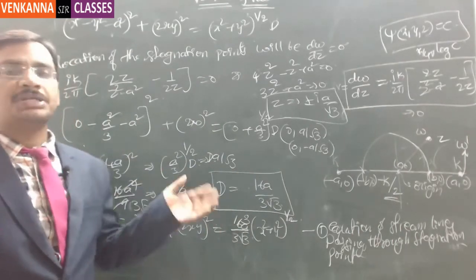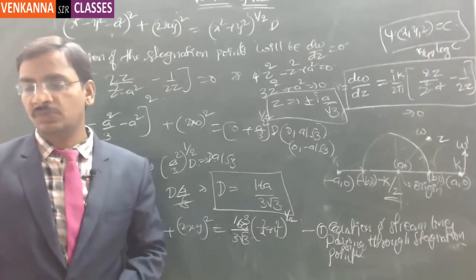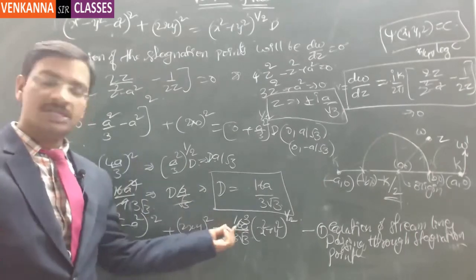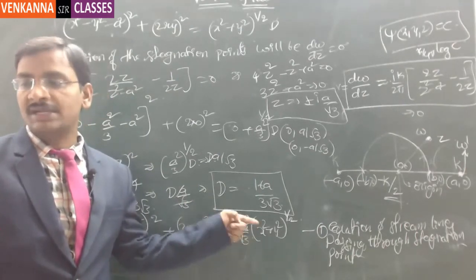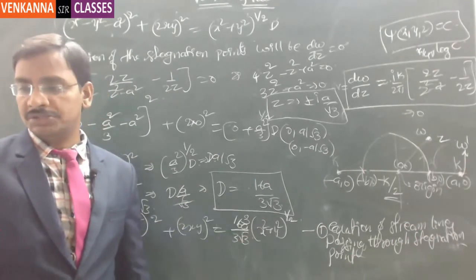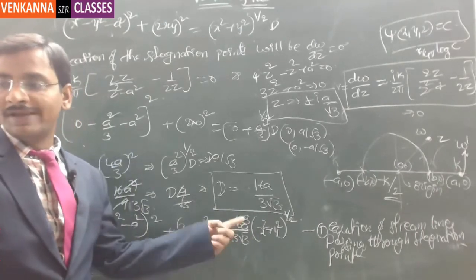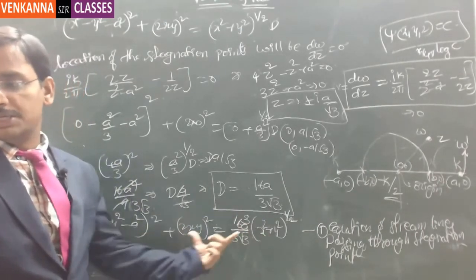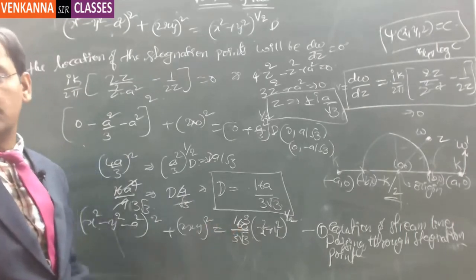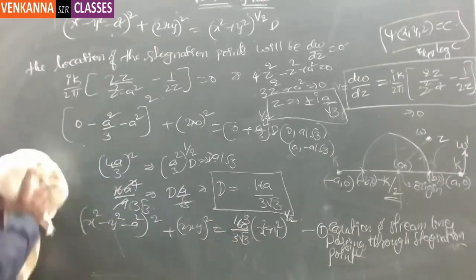Now the further extension of this problem statement, what he said was the streamlines which are passing through the stagnation point are intersecting the x-axis at plus or minus b comma 0. That means if x is equal to b and y is equal to 0, then we need to put that in this relation. That is the final format.